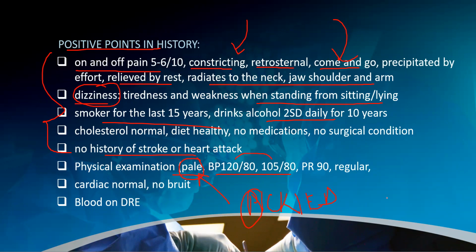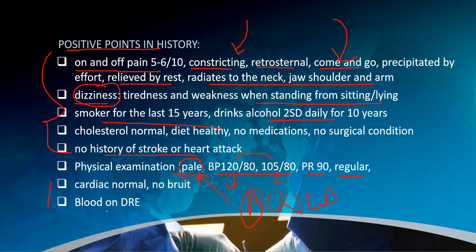It's not a very significant postural drop, but still there is a postural drop. So this was sitting position, this was standing position. Normally, if systolic drop is more than 20, then you can think about postural drop. But still in this one, there is a postural drop. Pulse rate is 90 and regular.